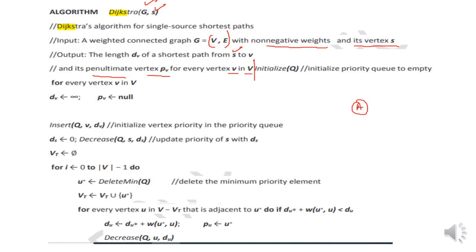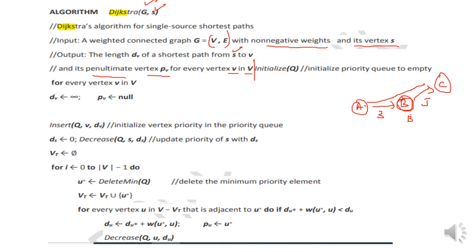Suppose in this case A, B, C, 3, 4, A to C, for C, which is the penultimate vertex? That is B. In the shortest path, this is the only path available from A to C, and in the shortest path, this is the penultimate or near or adjacent vertex to C. Here you have to find the penultimate vertex for the other vertices too.